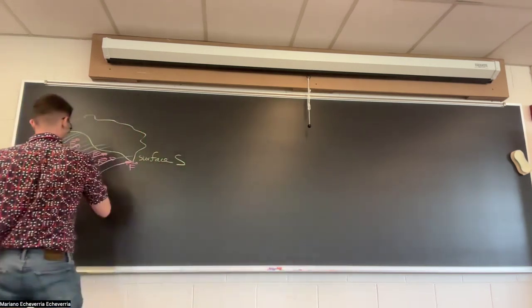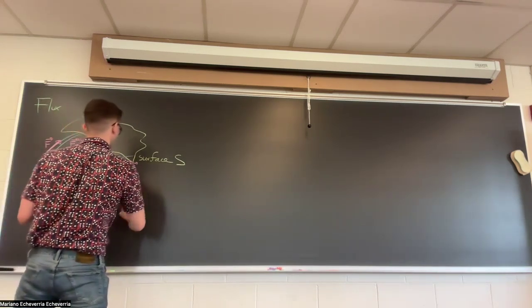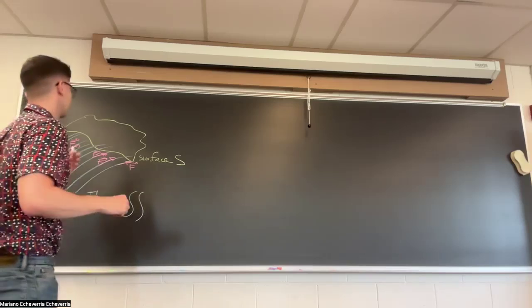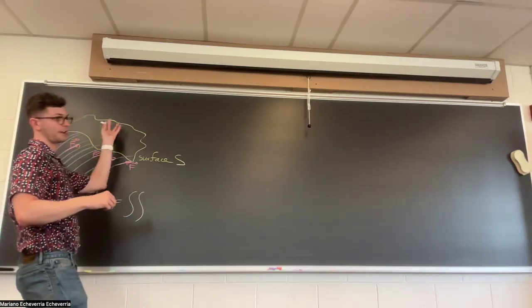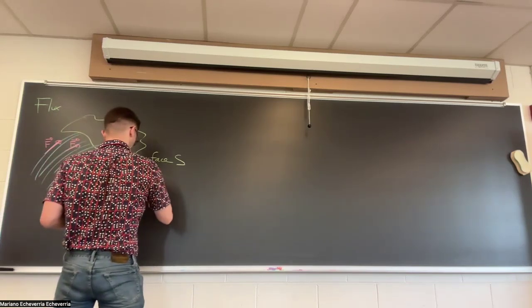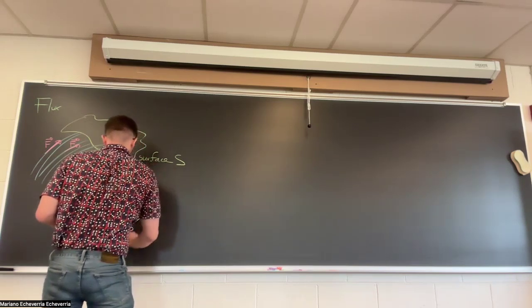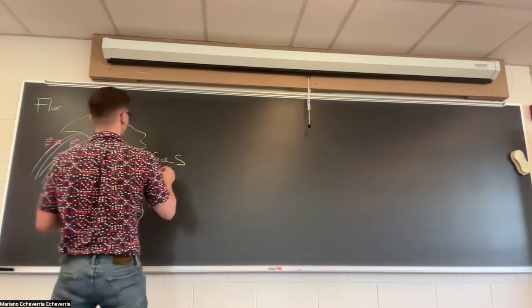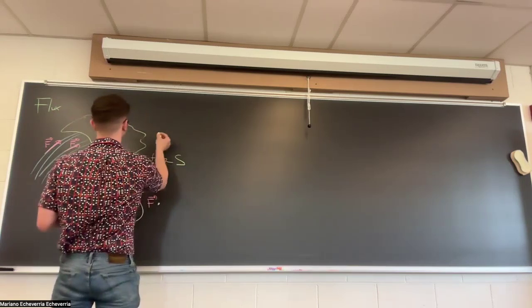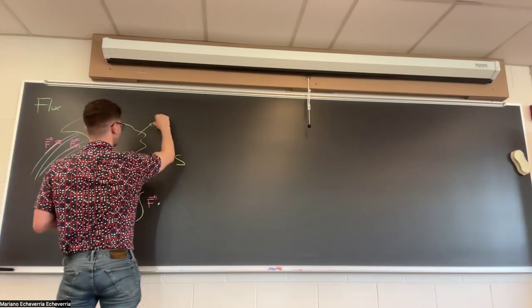The way I told you we could find the flux last time is that you take the dot product between this vector and a vector perpendicular to the surface, and integrate that. The vector that ends up being perpendicular to the surface, if you parameterize it, is something like this.